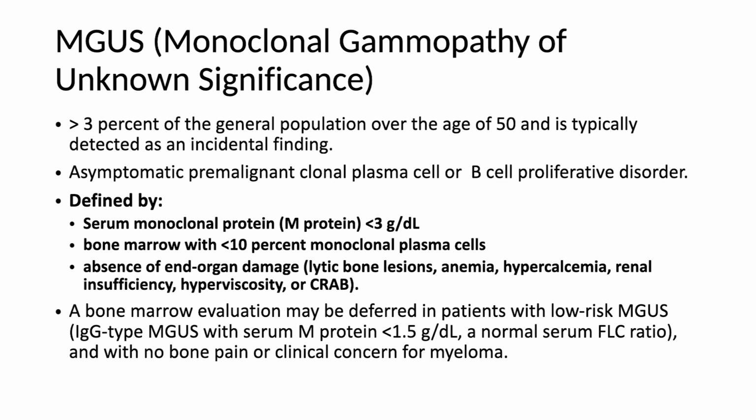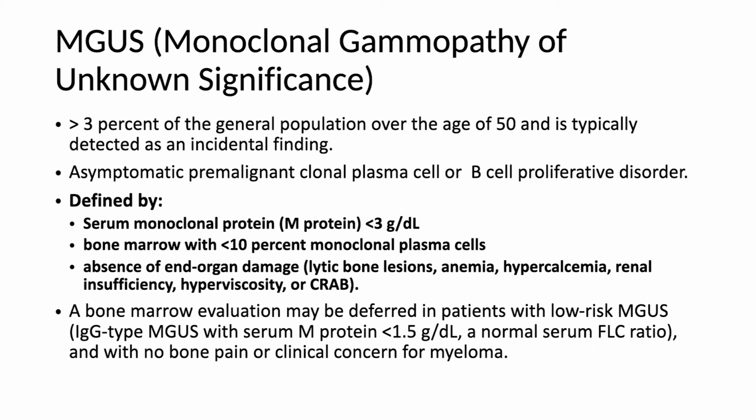So now we are going to talk about MGUS, which is a monoclonal gammopathy of unknown significance. This is something that is usually diagnosed by primary care physicians, and it's very common. More than 3% of the general population over age of 50 can be diagnosed with monoclonal gammopathy of unknown significance.